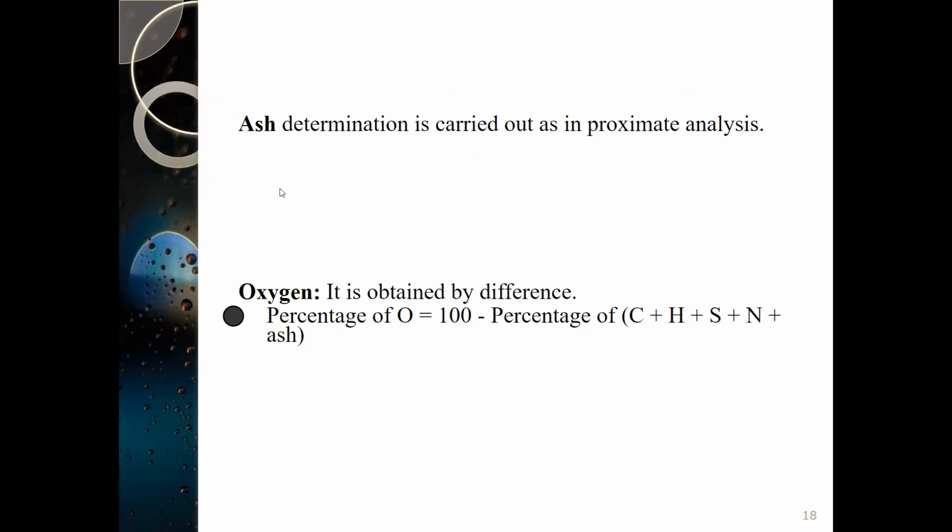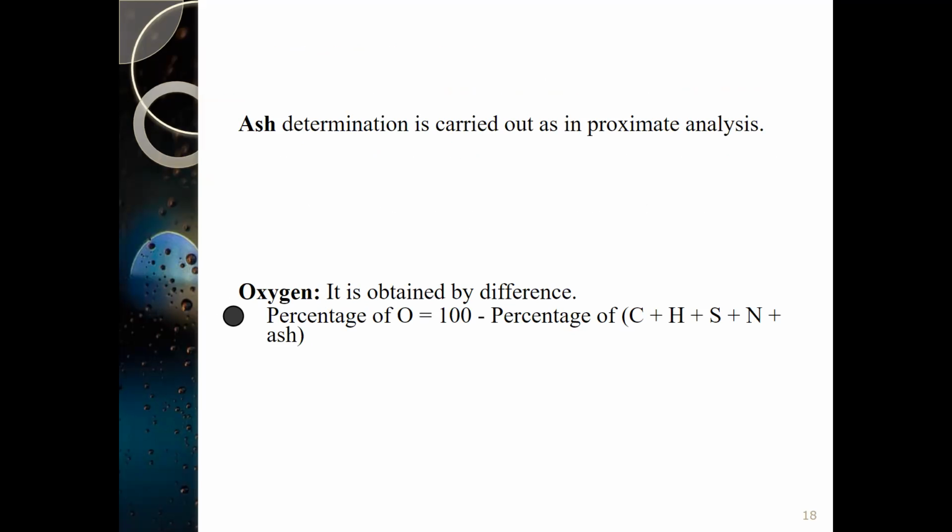So the next one, ash. We are not going to find out the ash separately. And the last one is oxygen. We already found carbon, hydrogen, sulfur, and nitrogen. Oxygen is obtained the same way as the fixed carbon in the proximate analysis. How did we calculate the fixed carbon in the proximate analysis?